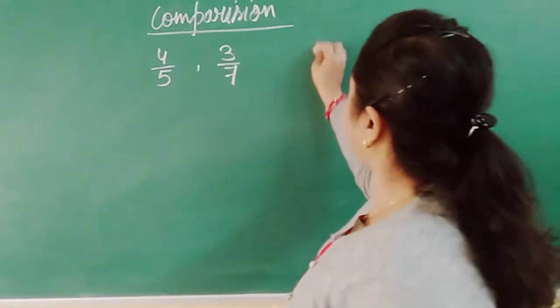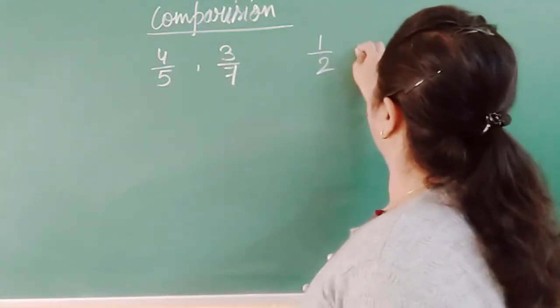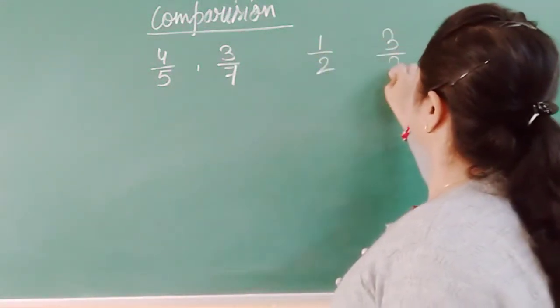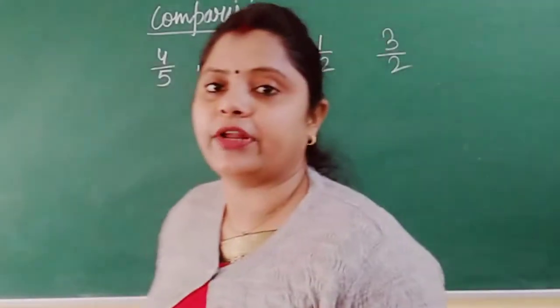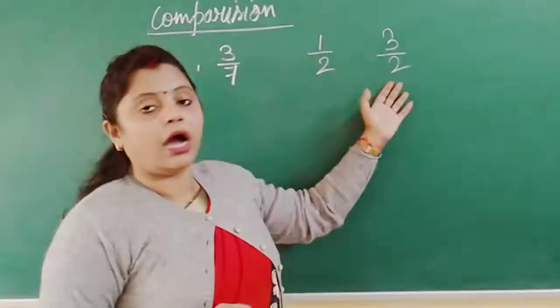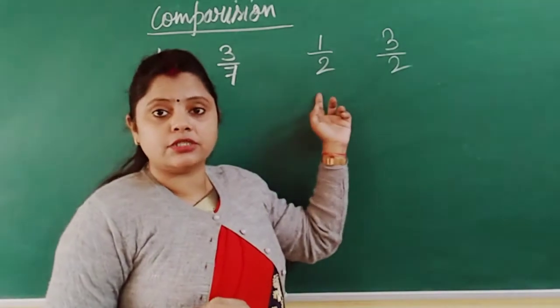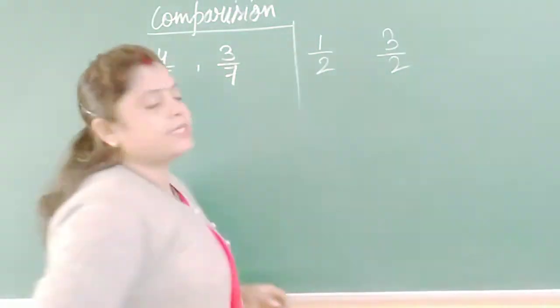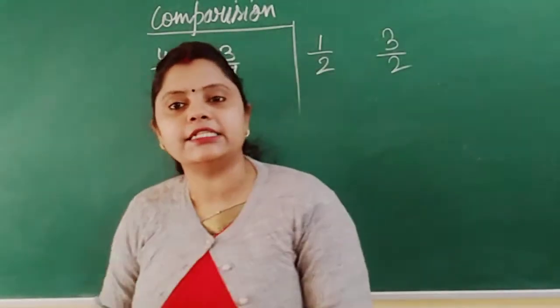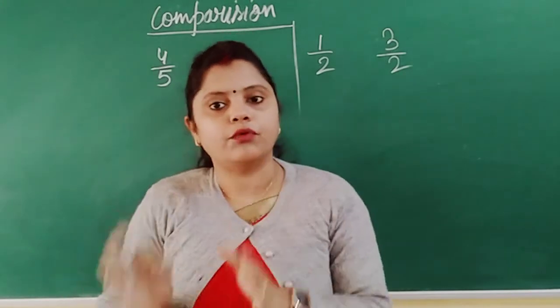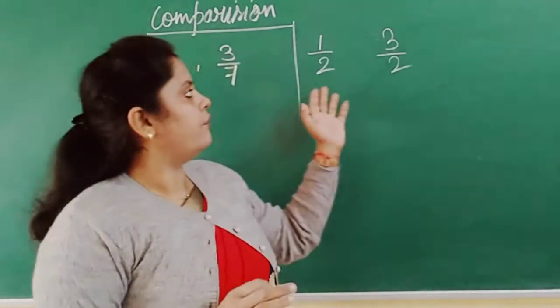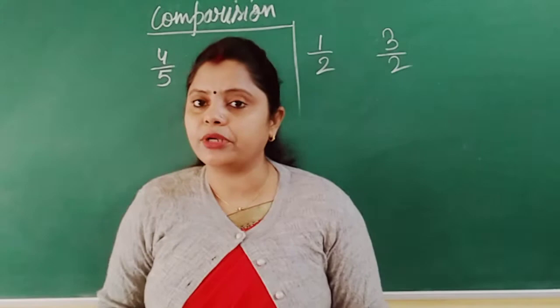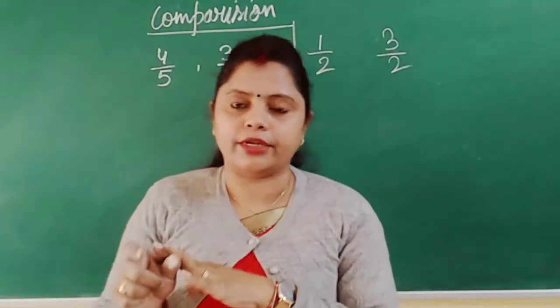Suppose I write 1 by 2 and 3 by 2. If such fractions are given, where both fractions have the same denominator, it is very easy to compare them. In these cases we have to see the numerator.